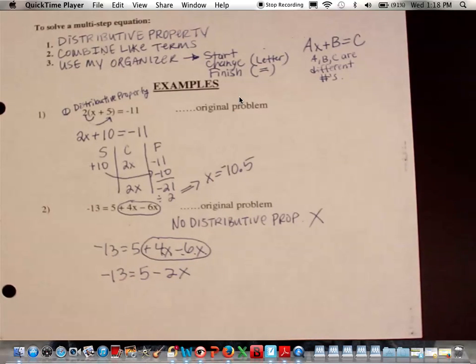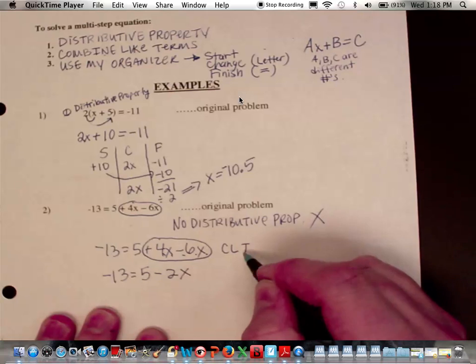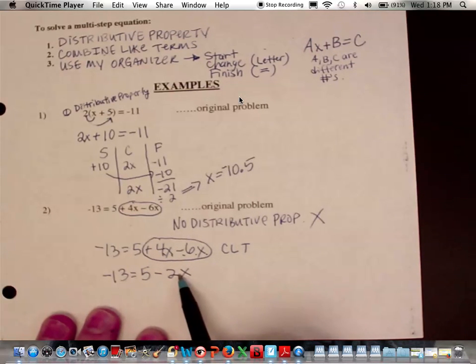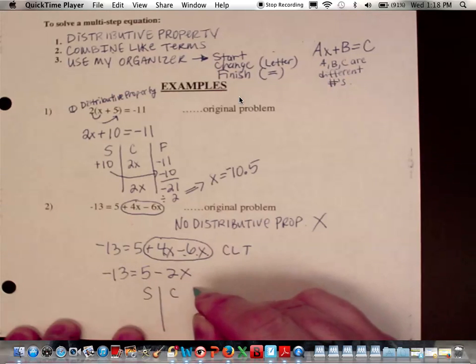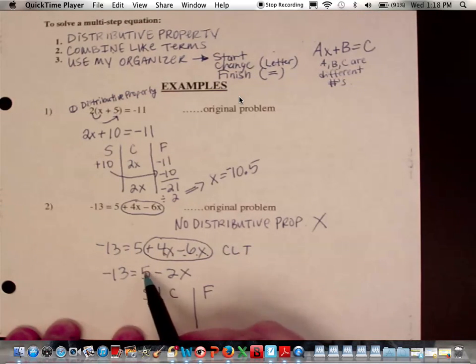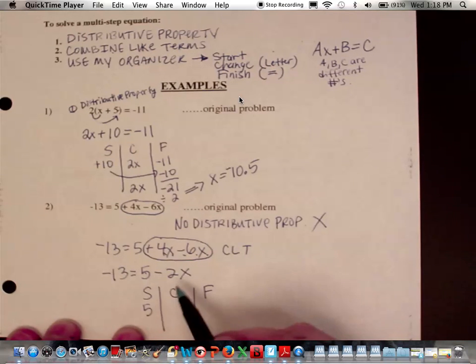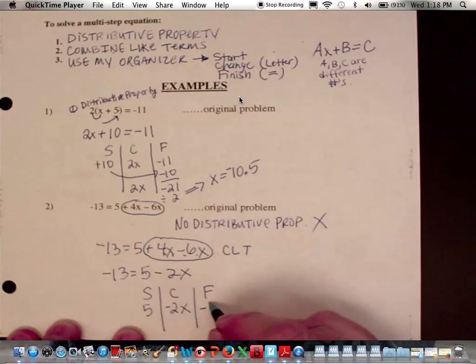Okay. So I know that there was no distributive property. I combined like terms. Now I can put it into my SCF, my organizer, and solve for x. So my start here was 5. My change was negative 2x. And it equals negative 13.